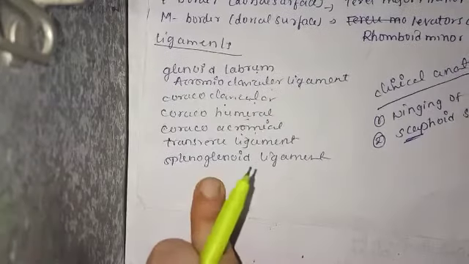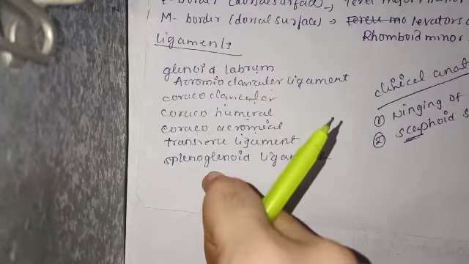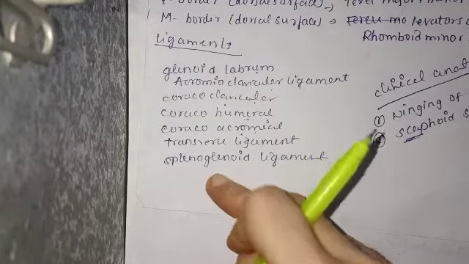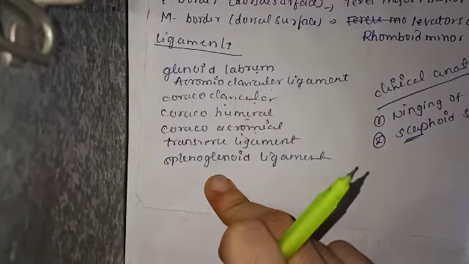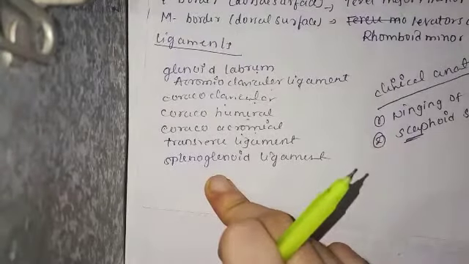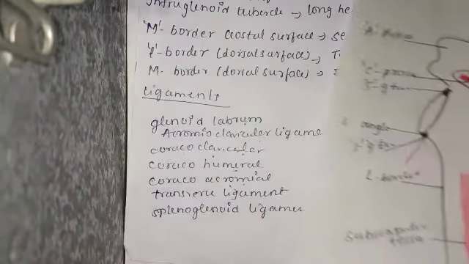Coming to the sphenoglenoid ligament, it bridges the sphenoglenoid notch. The suprascapular vessels and nerves pass deep to it. I will show you the notch.